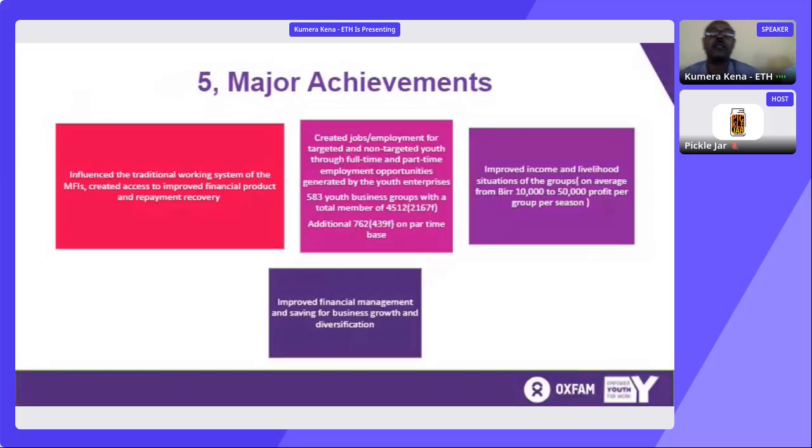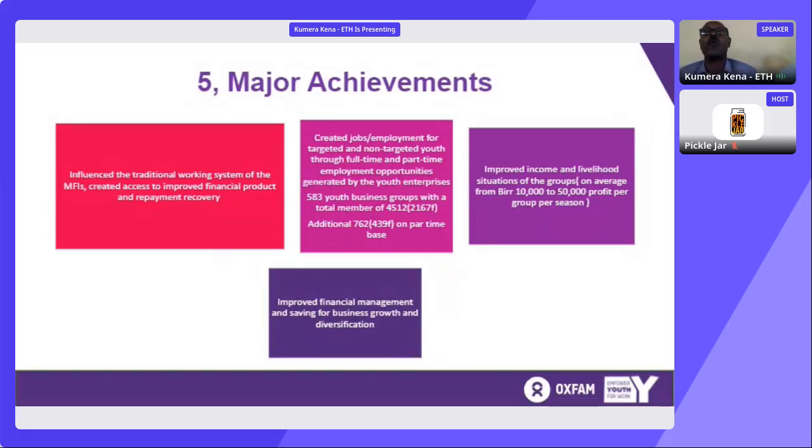Our achievement, as I said, is that we have influenced the working system of microfinance institutions. The major one is creating employment for youth business groups on a permanent and part-time basis. If you look at the total number, more than 5,000 youths have got employment on a permanent and part-time basis. The other achievement is that their income is also improved.